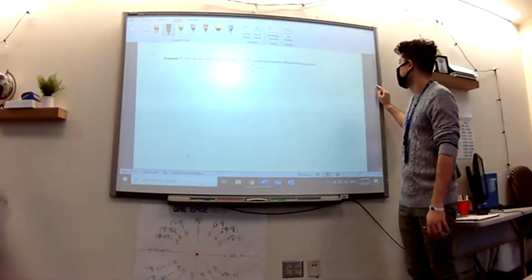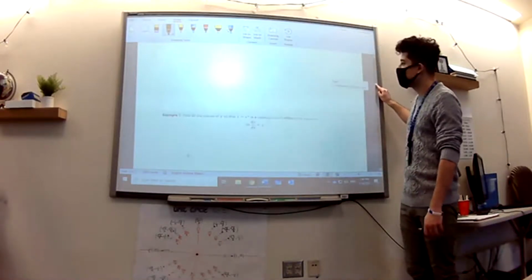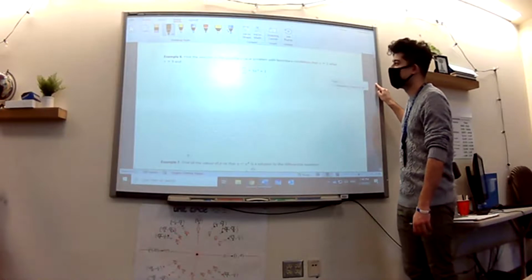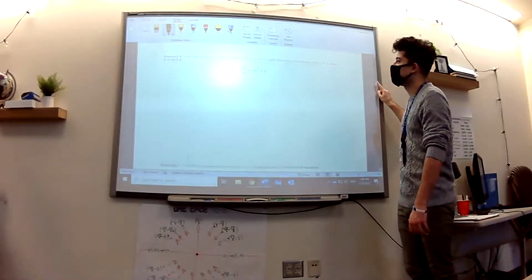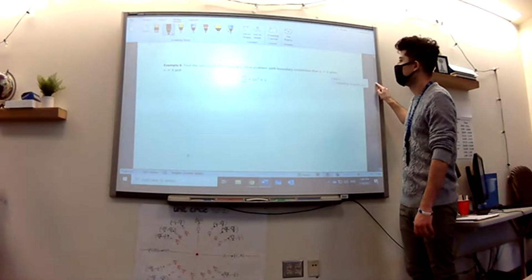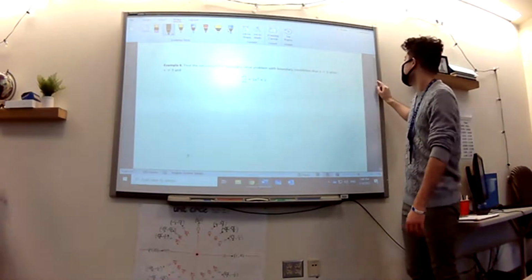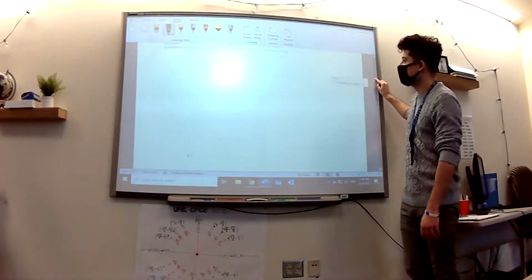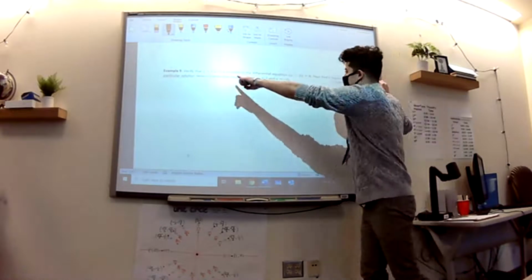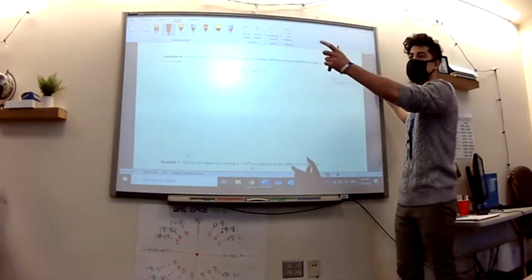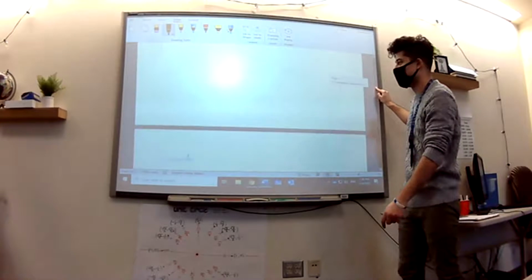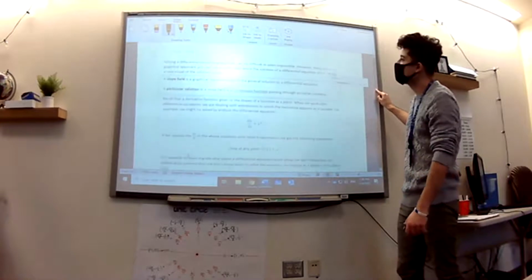Yesterday we haven't learned to solve these yet. We solved one very basic one, but all we've learned to do so far is verify that something is a solution. Like, here's an equation, show that it is indeed a solution to this differential equation.